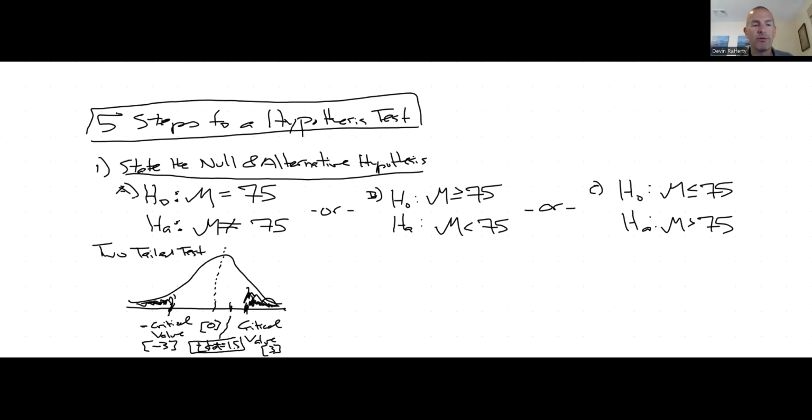On a number line, 1.5 is in between -3 and +3, right? The test statistic 1.5 is between -3 and +3.